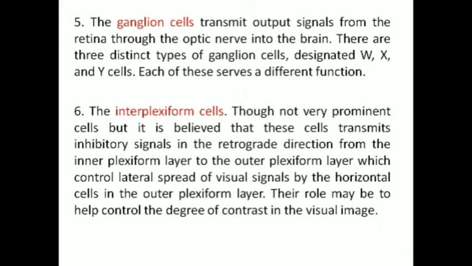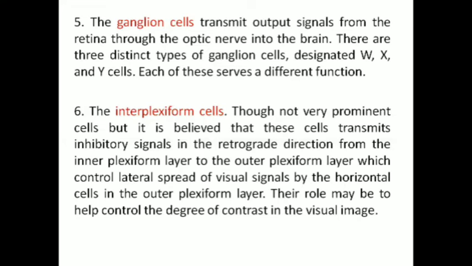The ganglion cells transmit output signals from the retina through the optic nerve into the brain. There are three distinct types of ganglion cells designated W, X, and Y cells. Each of these serves a different function.